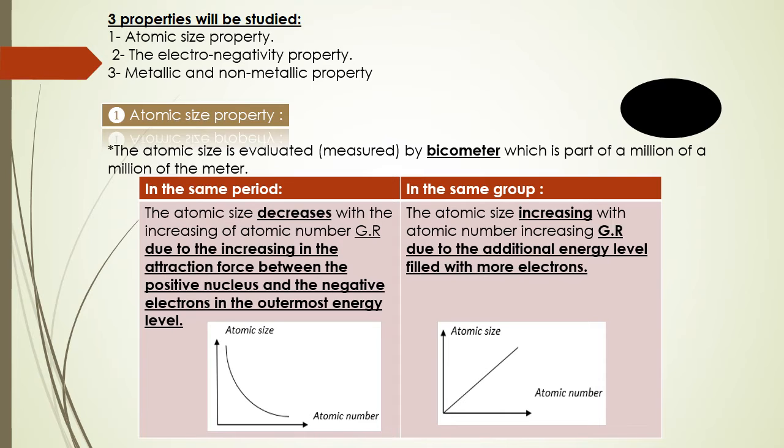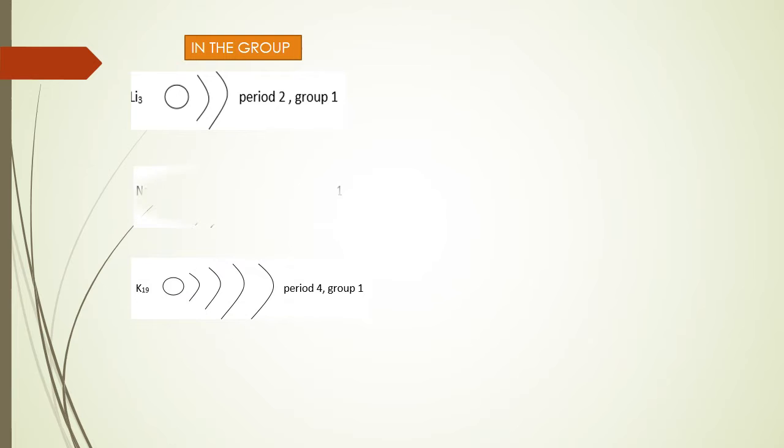To know about the graduation of the element, lithium, sodium, and potassium are examples of elements in group 1A. If we move from up to down, we know that the electron in the outermost energy level is 1, so it's a group called group 1A.